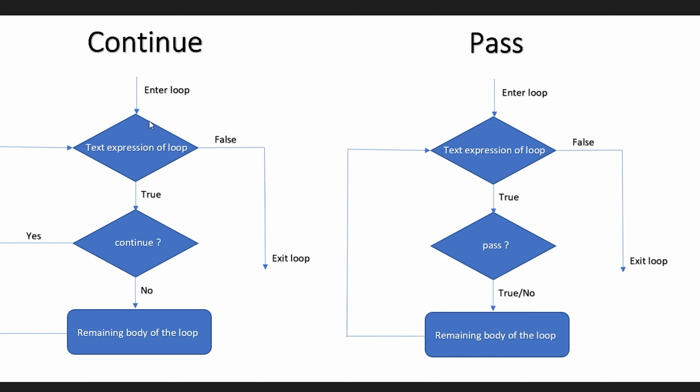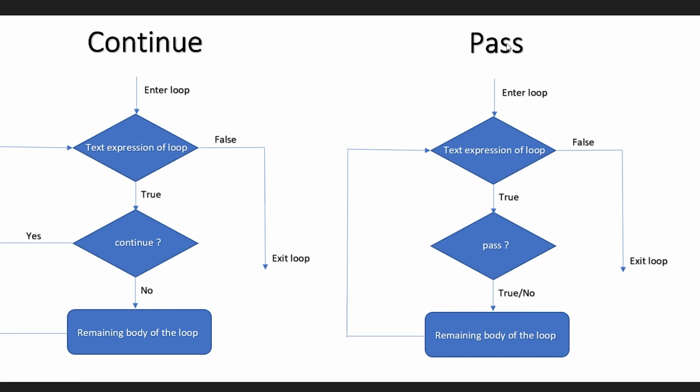If it is true, it faces the continue statement. If it is going to continue, it comes back to the loop expression. If it is not going to continue, it goes through the remaining body of the loop. Let's go through the pass flowchart.